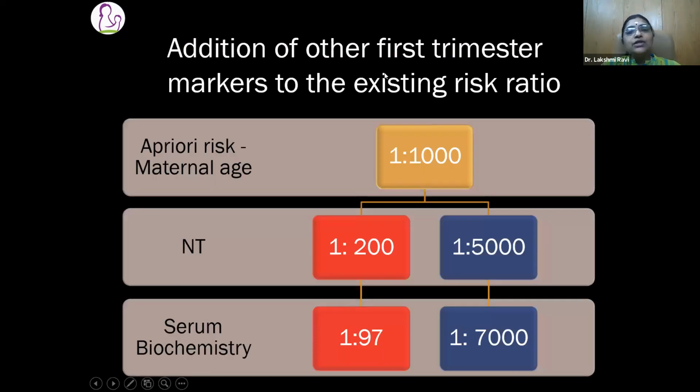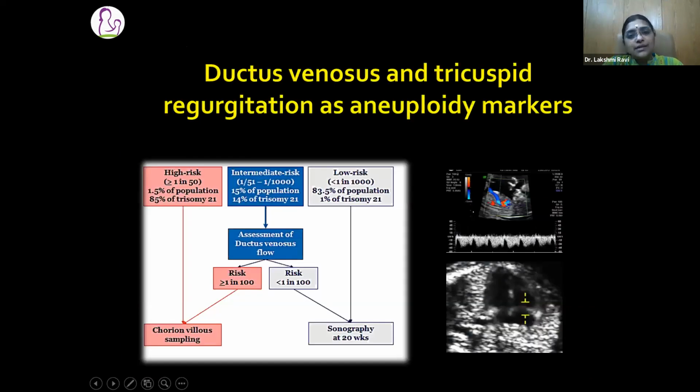As simple as that. So you add other first trimester markers to the existing risk ratio. As you keep adding these markers, the risk ratio automatically gets modified depending on the likelihood ratio, and you will end up with either a high risk or a low risk.